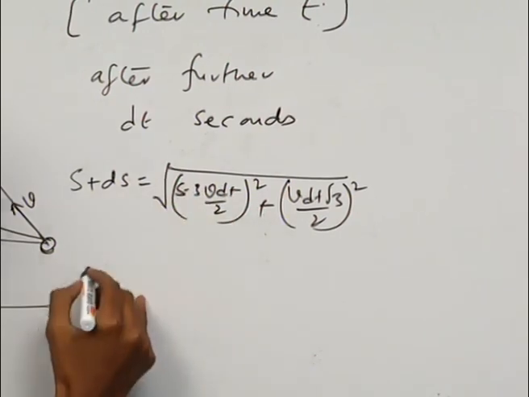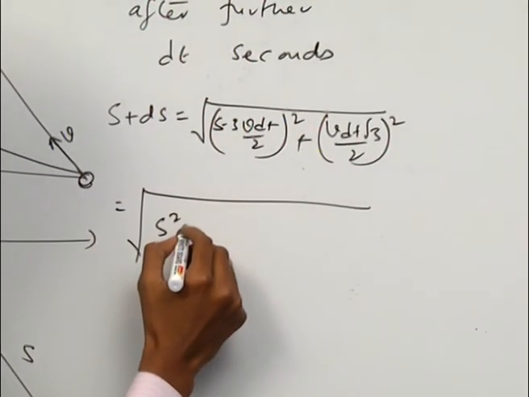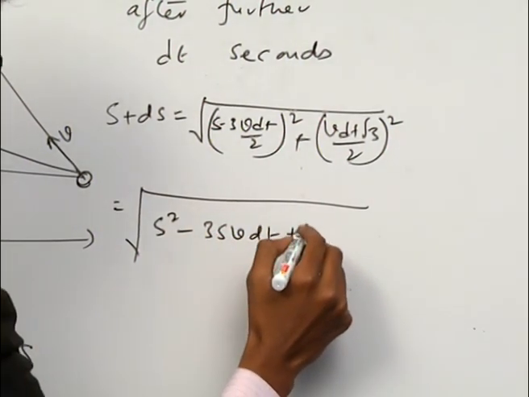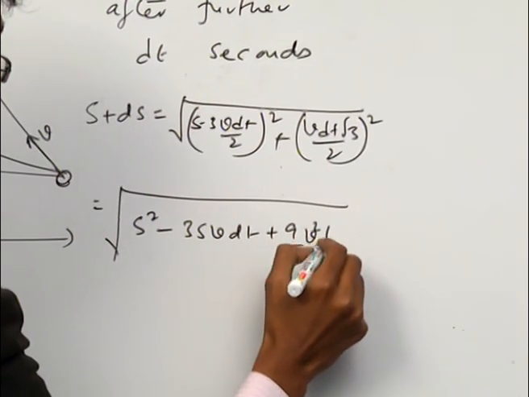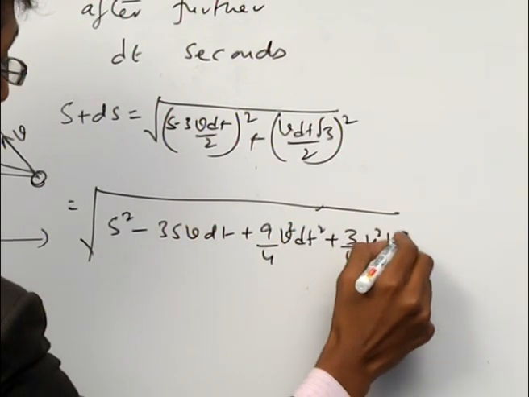If I simplify this, it would take the form S square minus 3sv dt plus 9 by 4 v square dt square plus 3 by 4 v square dt square.